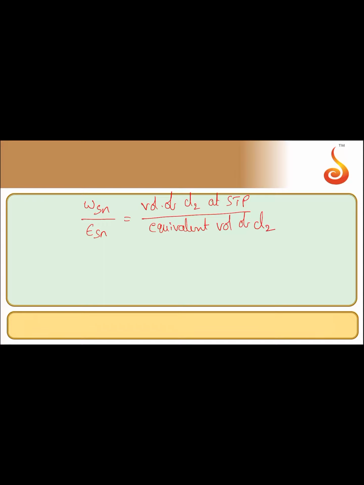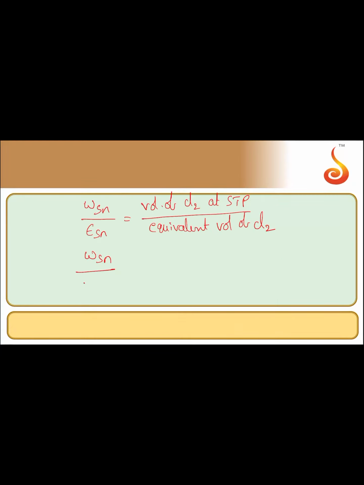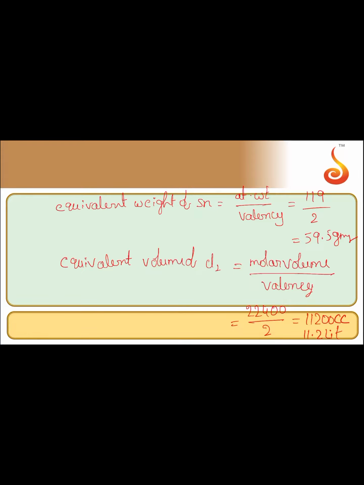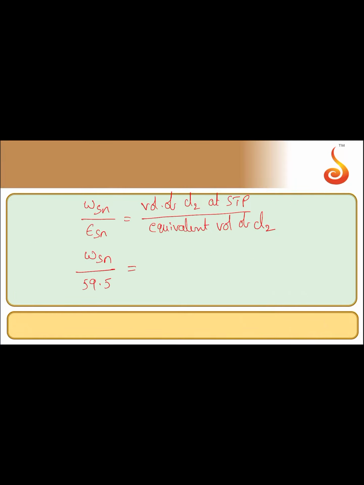Weight of Sn we have to find here. Equivalent weight of Sn we calculated already, that is 59.5, is equal to the volume of chlorine at STP. What is the volume of chlorine at STP? It is given, that is 4.48 liters, by equivalent volume, 11.2.